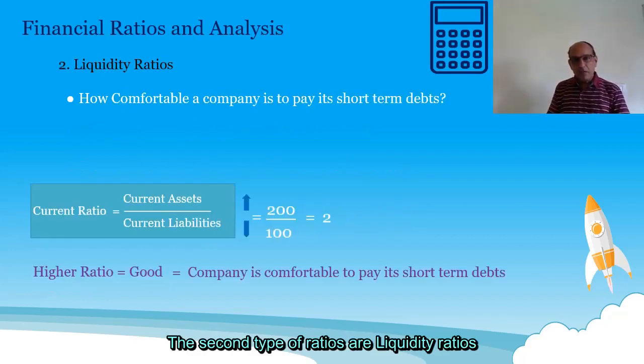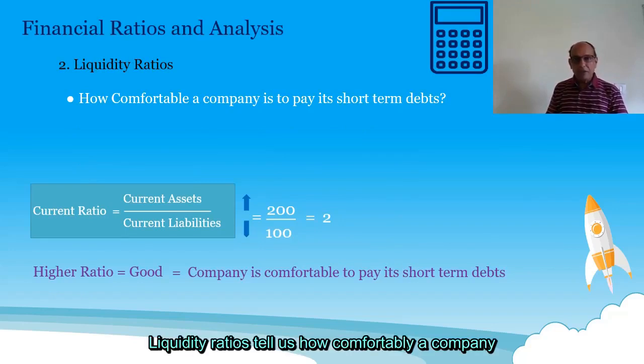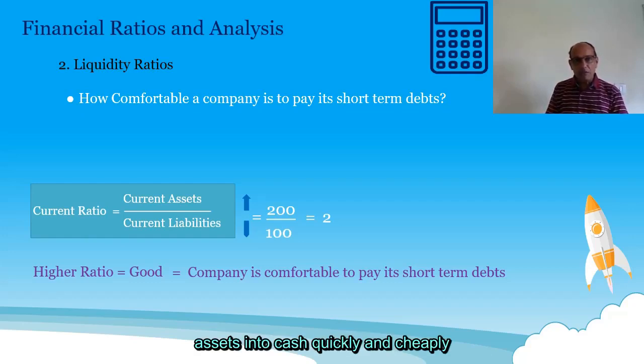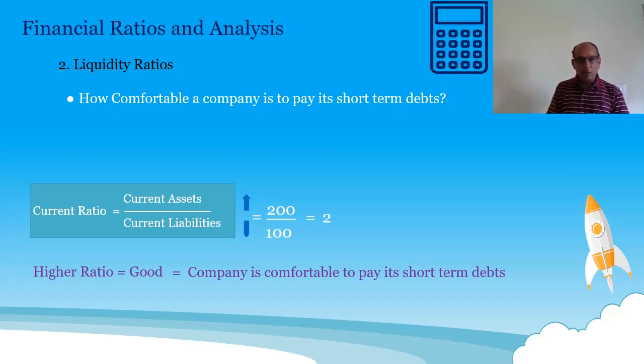The second type of ratios are liquidity ratios. Liquidity ratios tell us how comfortably a company can pay its liabilities and loans in the short term. Liquidity is the ability to convert assets into cash quickly and cheaply. Liquidity ratios are most useful when they are used in comparative form.